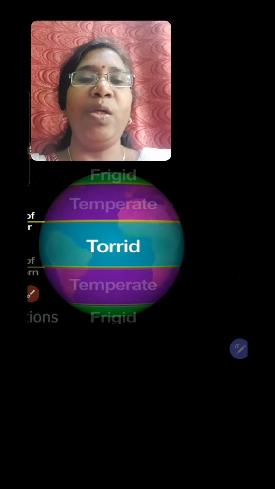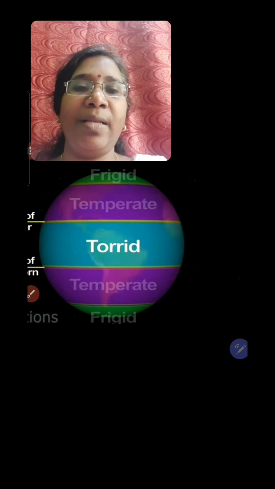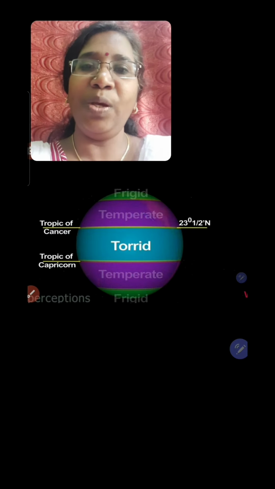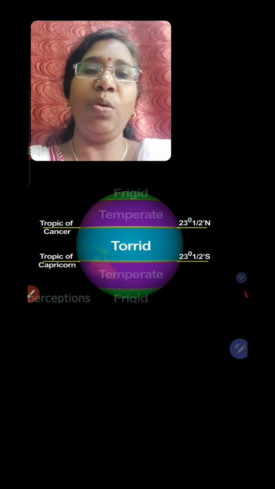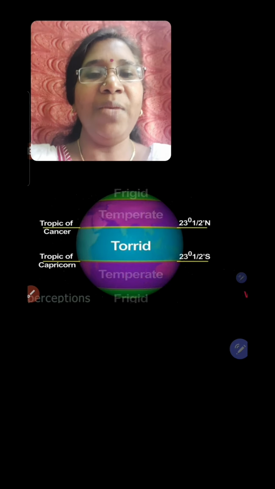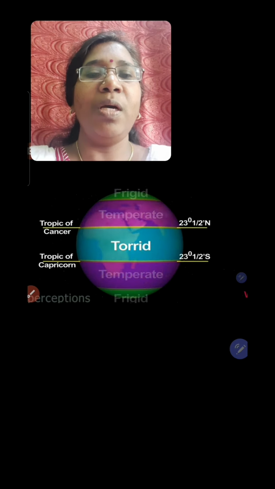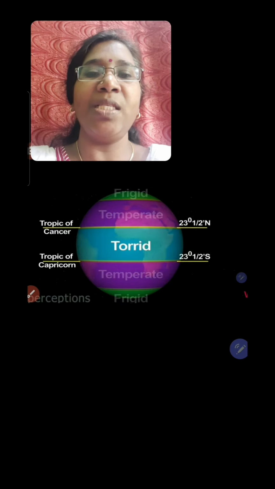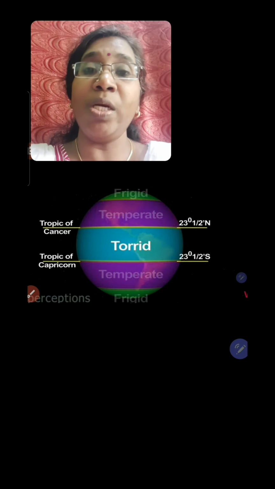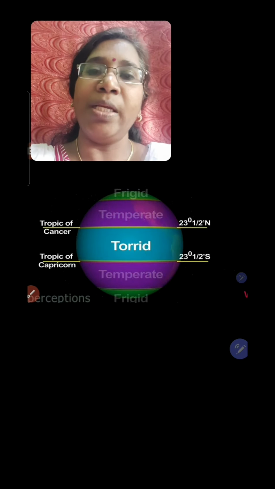See the torrid zone. The torrid zone lies between the Tropic of Cancer and the Tropic of Capricorn, that is between 23.5 degrees north and 23.5 degrees south. Direct sun rays are received by the torrid zone, so this remains the hottest zone among all other zones.